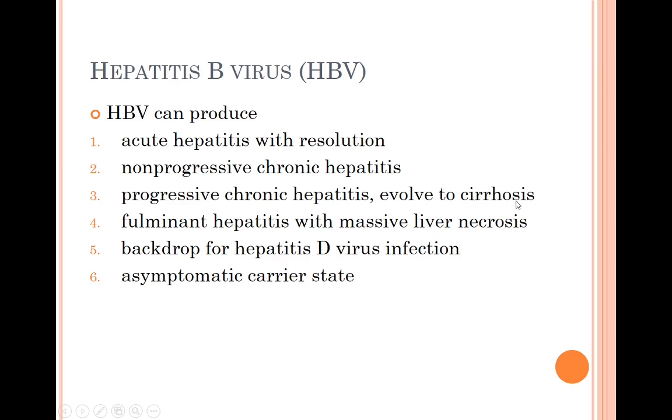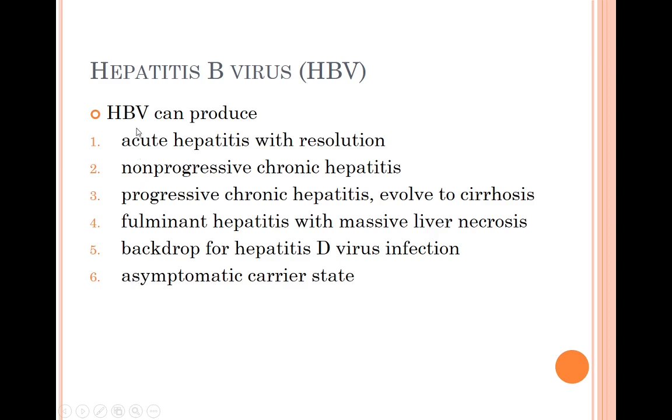You cannot save the liver anymore. The only way you can save is by having a liver transplantation. Then fulminant hepatitis can also happen. Fulminant hepatitis means that the liver will undergo massive liver necrosis, and it is absolutely an acute situation in which it's usually lethal. And hepatitis B can vary in its pathogenicity depending on its relation with hepatitis D virus.